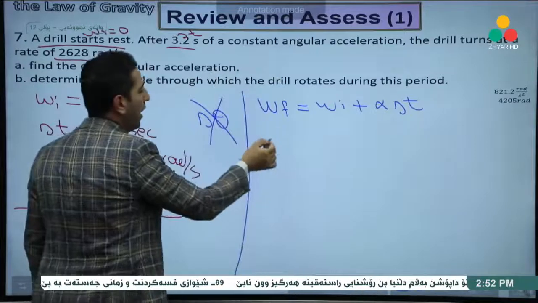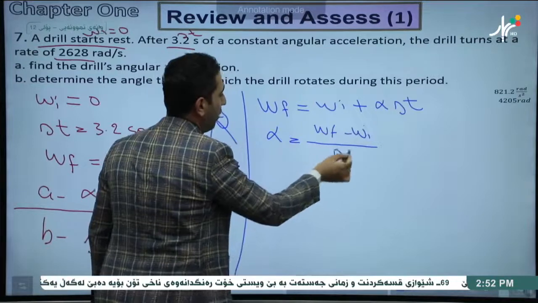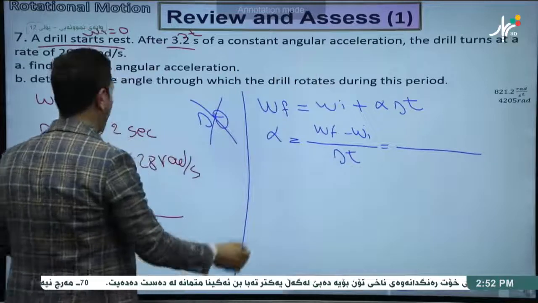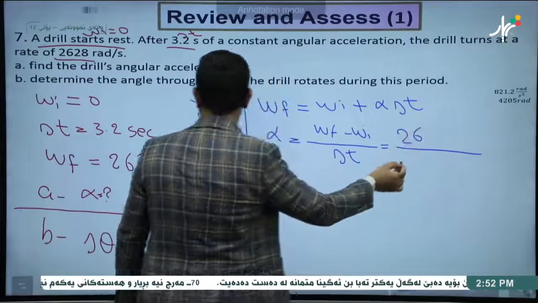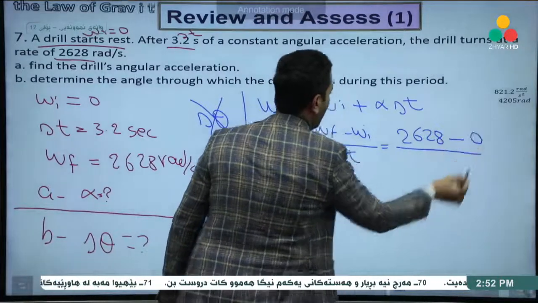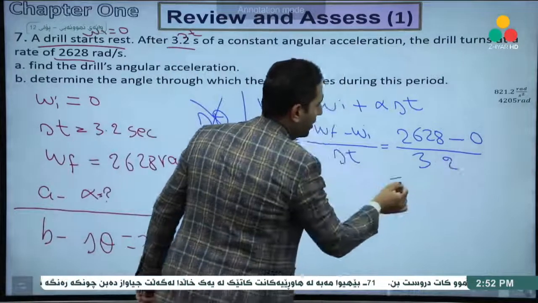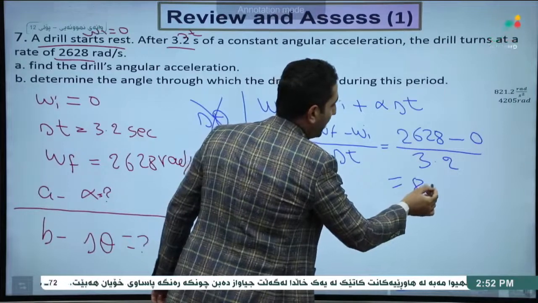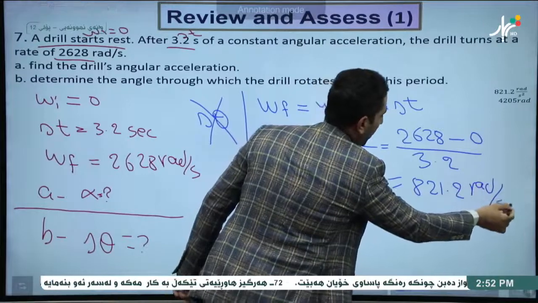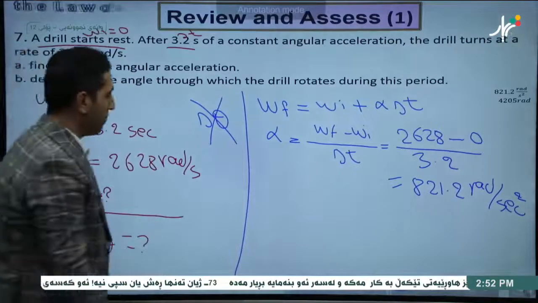Or you can use alpha is equal to omega final minus omega initial over delta t, which is equal to 2,628 minus 0 over 3.2. It is equal to 821.2 rad per second squared, because it is alpha, the angular acceleration.